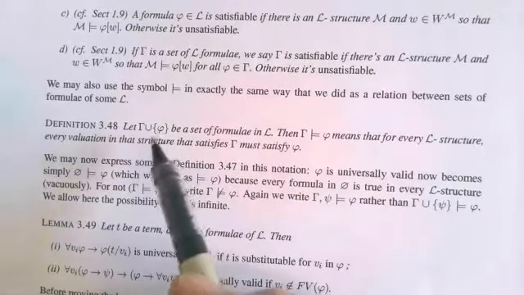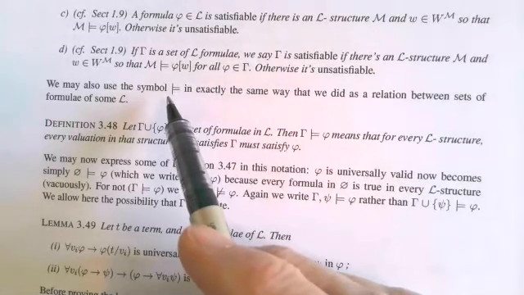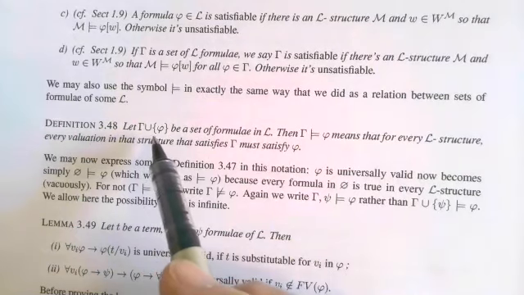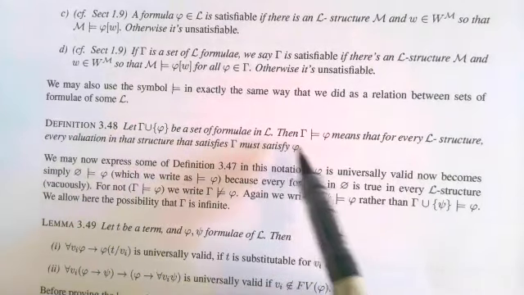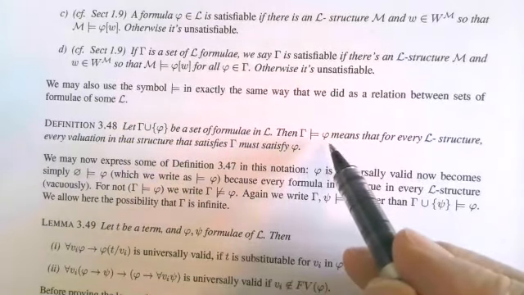And here we can extend this notation. So we're going to say if I've got a set of formulae, gamma, together with phi, I'll use this double turnstile notation. We'll put gamma to the left and phi to the right.